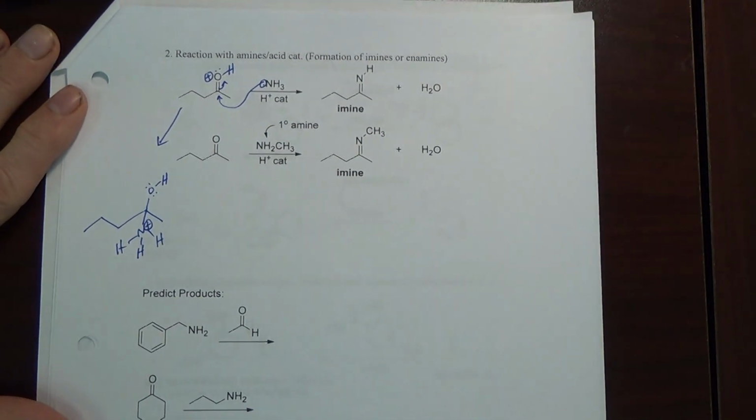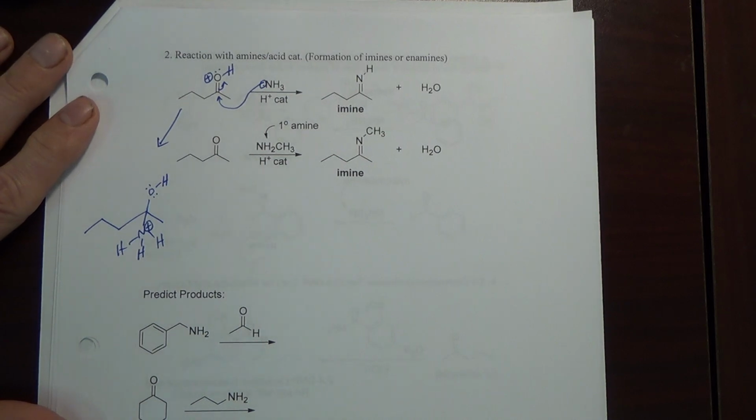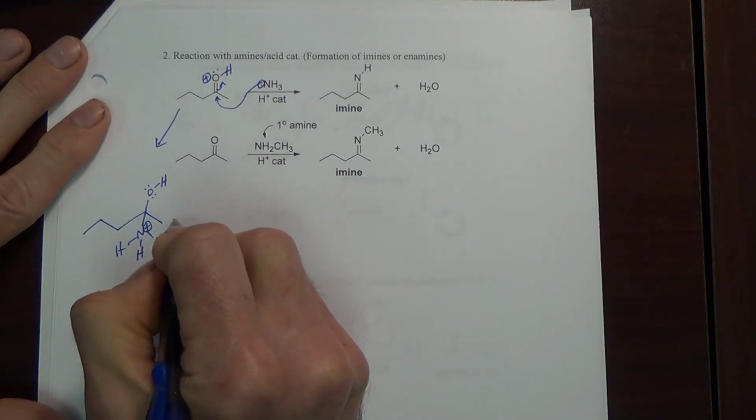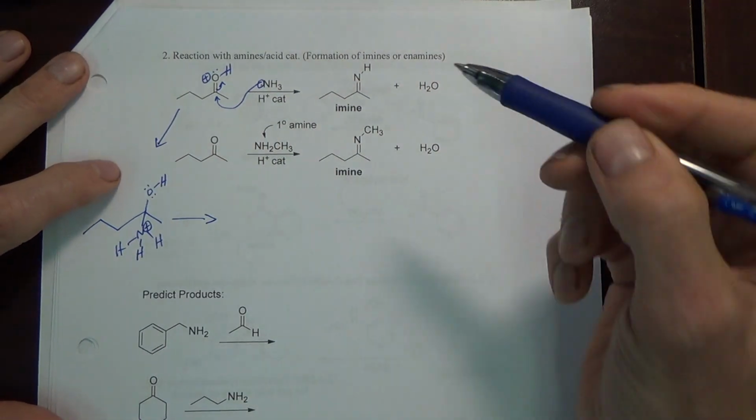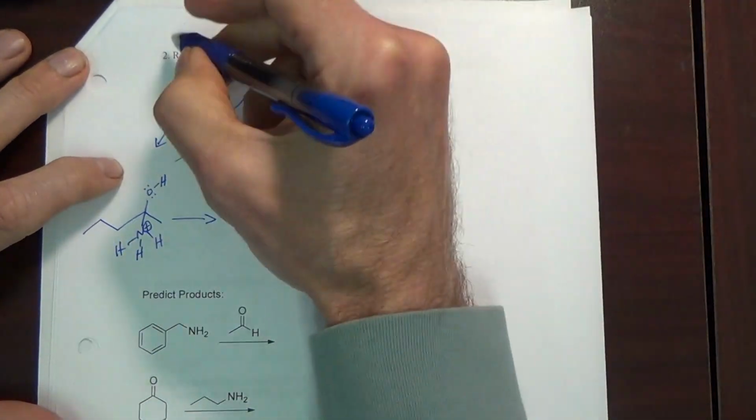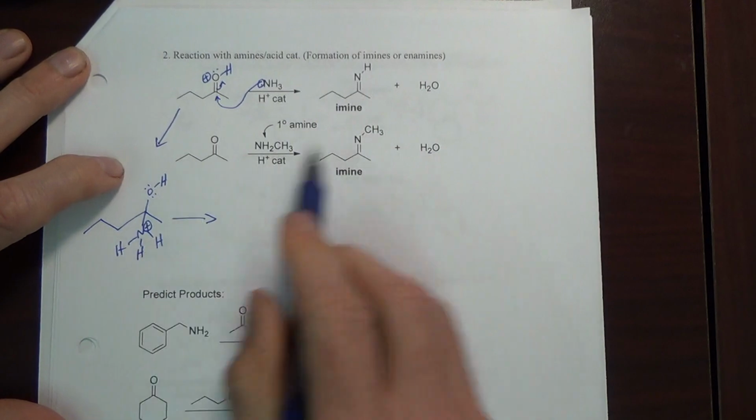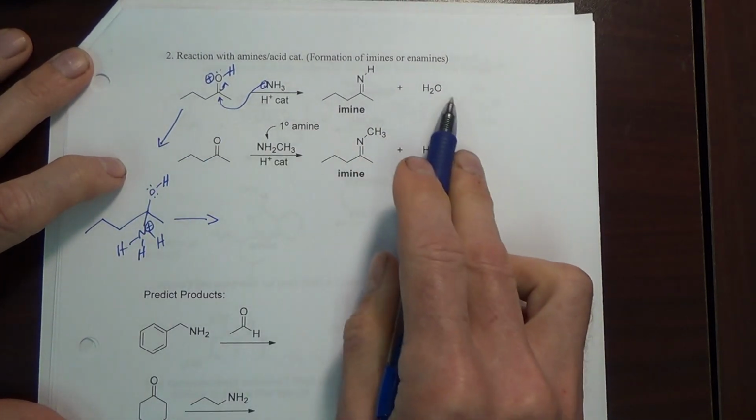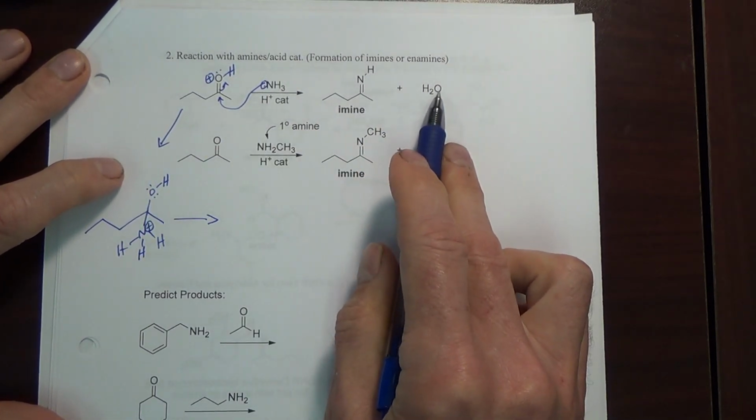Just a simple addition to the protonated carbonyl. Ultimately, that oxygen is going to be lost as water. Okay, there's only one oxygen up here, so it has to be the water.